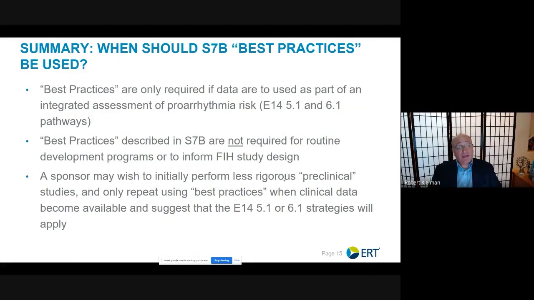And that may mean that you continue to do non-clinical studies as you are currently doing them, and only if you find that as you're late in phase 2, you realize that you are going to have to follow E14, 5.1, or 6.1 pathways. At that point, you might want to go back and repeat your patch clamp studies or your in vivo QT studies according to the best practices. So plan on doing it in a graded fashion.